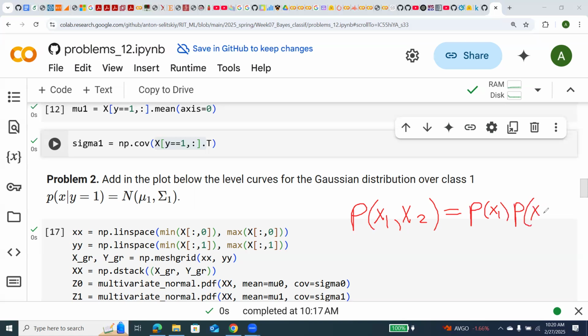And this approach is called naive Bayes. Naive because we assume independence of features, which is not true in practice. But it will make our life easier because we will need to calculate only the one-dimensional probability now. Instead of a covariance matrix, we will calculate only one variance, one number. So this is the difference.